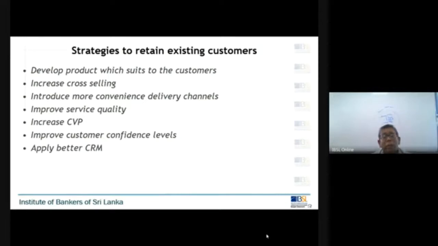Or the customers are not happy with your services. The services rendered to existing customers are not satisfying them, and the product they have does not fulfill their requirement. Therefore, you need to develop products which suit customers and leave them highly satisfied.